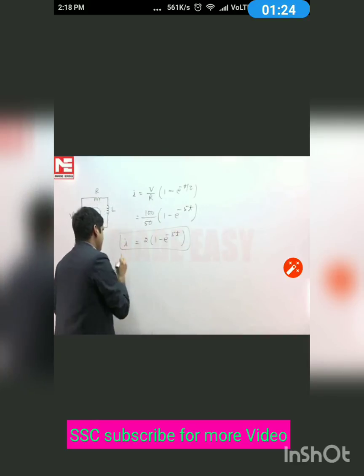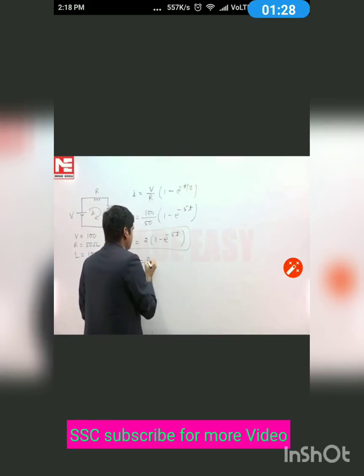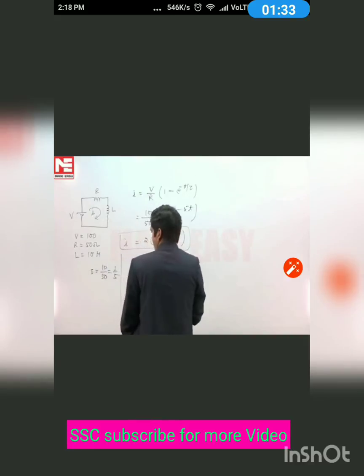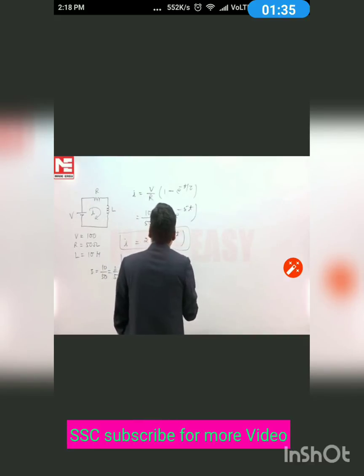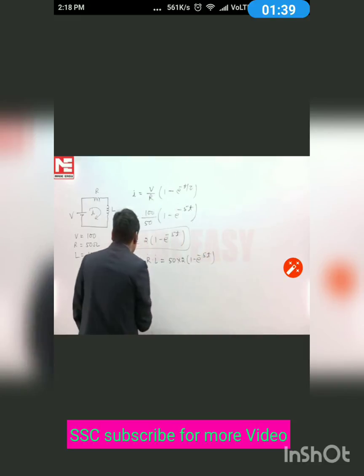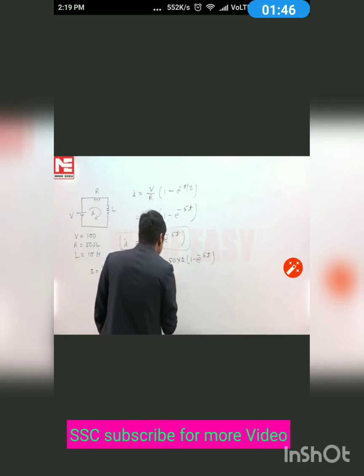Now the voltage across R, VR, can be written as R into I. That is, R value is 50. So 50 into 2, (1 minus e to the power minus 5t). That is, VR is equal to 100 (1 minus e to the power minus 5t).